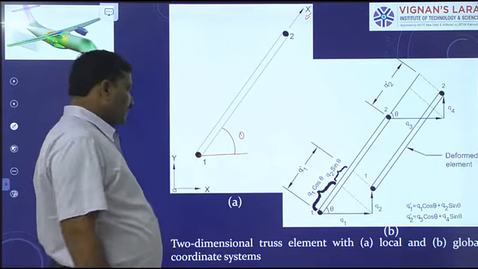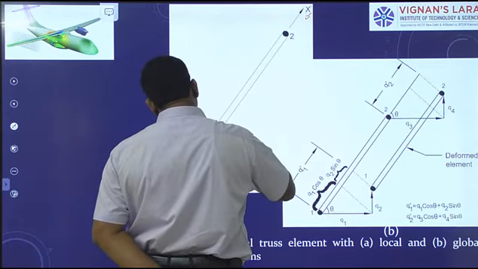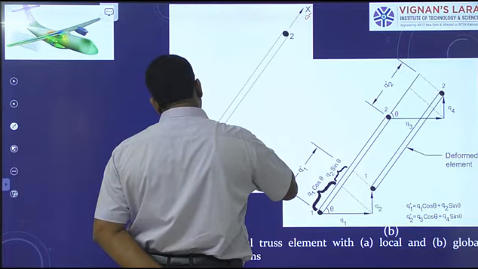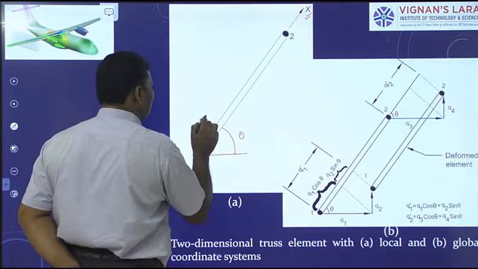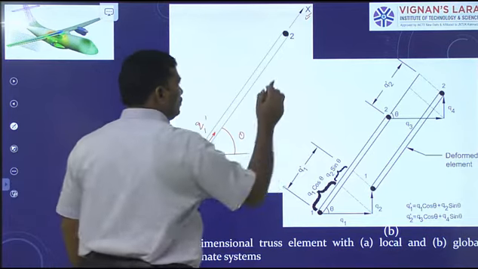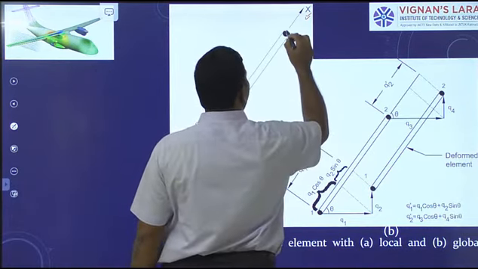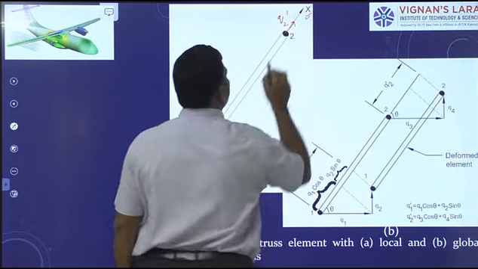Therefore, I say node 1 displaces by an amount, say Q1 dash, and node 2 displaces by the amount, say Q2 dash.